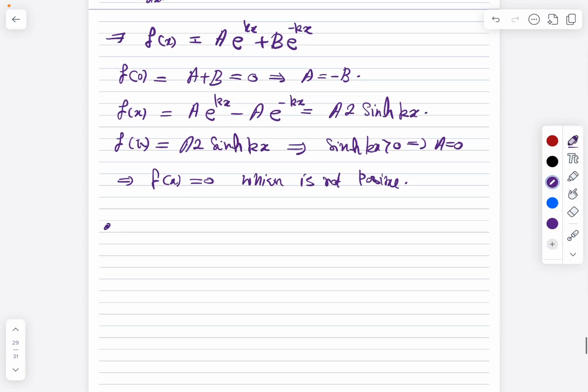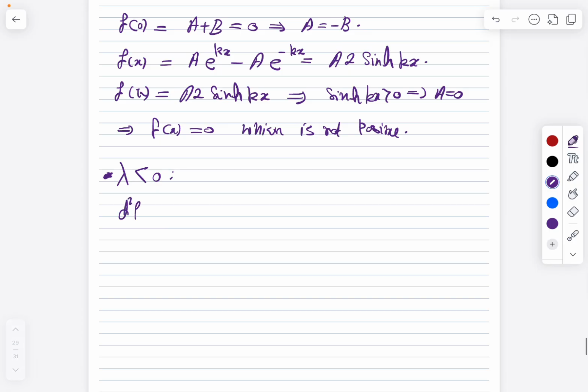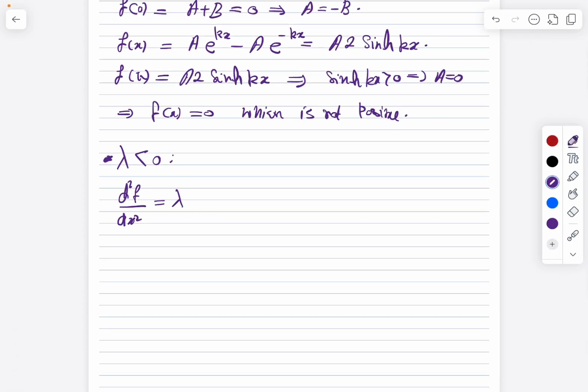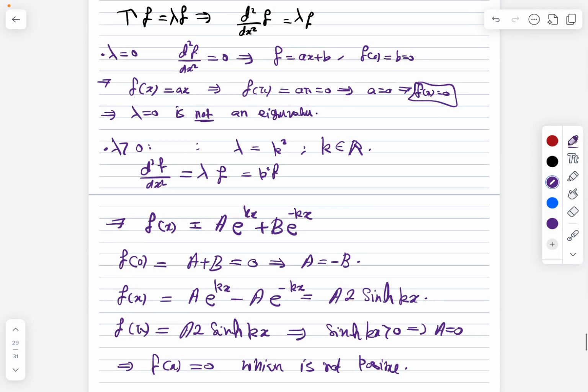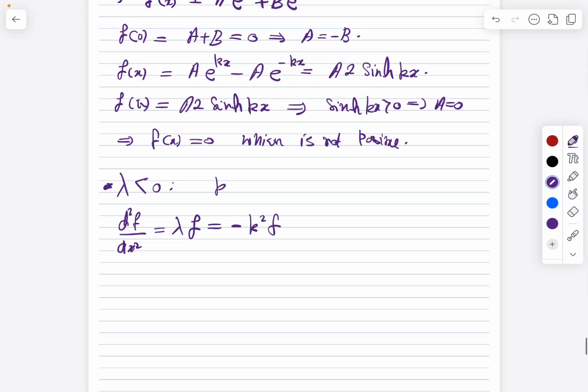Now we consider the interesting case, which is when lambda is negative. In this case, we'll have d squared f over dx squared equal to lambda f, which can be written as minus k squared f, because it's a negative quantity and k squared is a positive quantity.